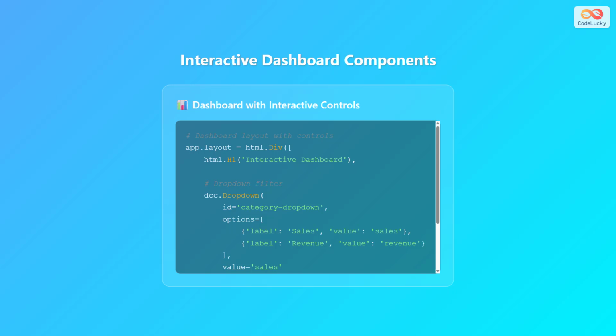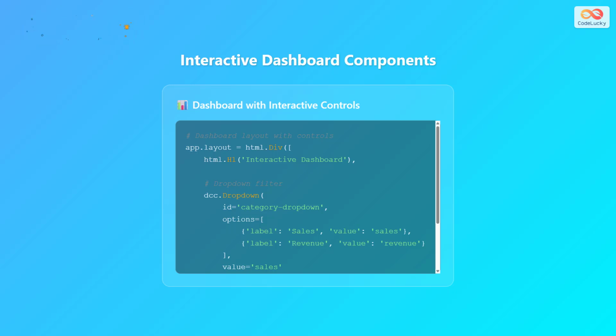Building interactive dashboards requires combining layout components with user controls to create responsive data applications. A typical dashboard layout starts with html.Div as the main container, followed by html.H1 for the dashboard title. Interactive controls like dcc.Dropdown allow users to filter data by categories.